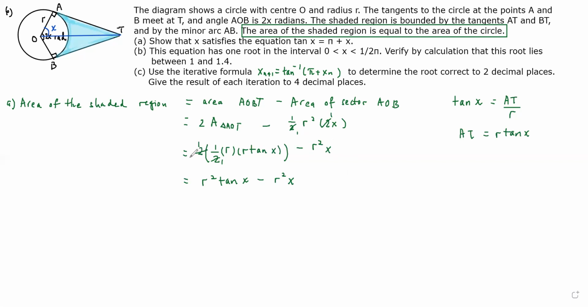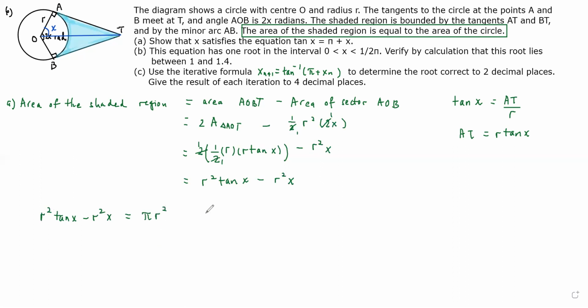And we are given that the area of the shaded region equals the area of the circle. So R squared tangent x minus R squared x must be the same as the area of the circle. Since the circle has radius R, the area is pi R squared.